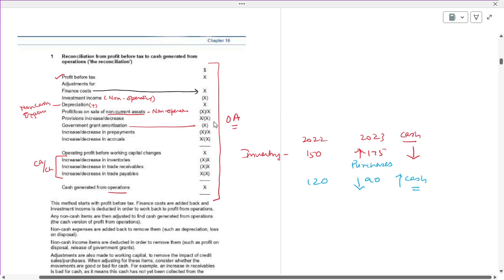What have we done with investment income? Minus, always minus.